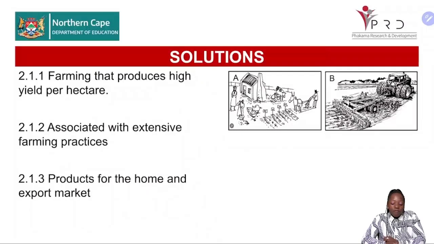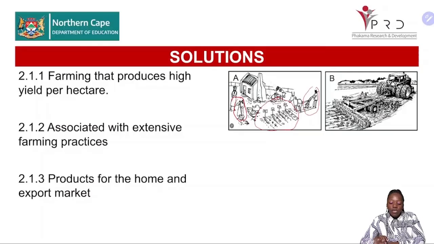Looking there at our first question, remember I said to you, before you even answer, you're supposed to identify what type of farming is at A and what type of farming is at B. So looking there at A, you are seeing that this person here is doing manual labor, and even this one there is doing manual labor, and there is a piece of land that they are farming.